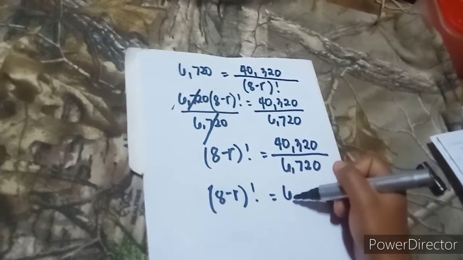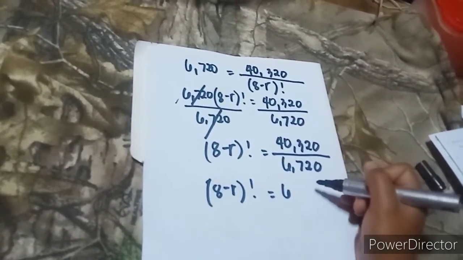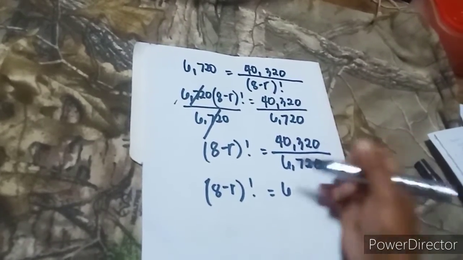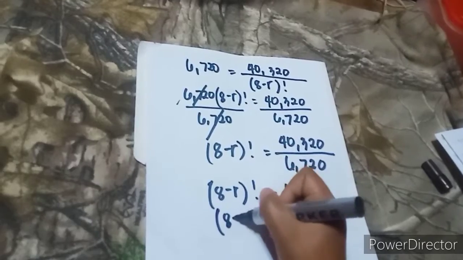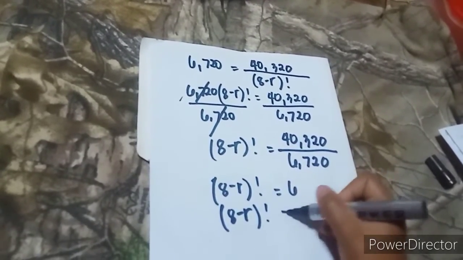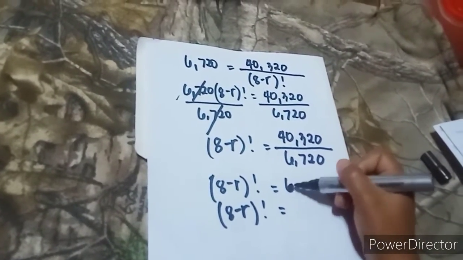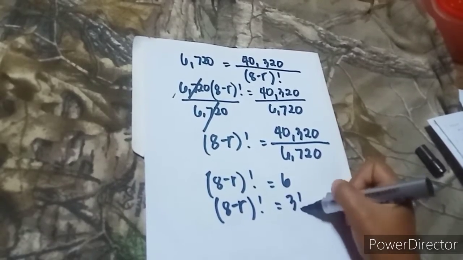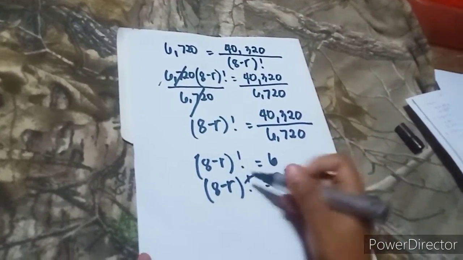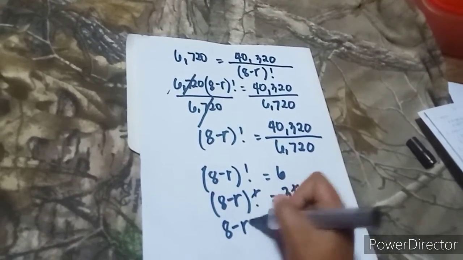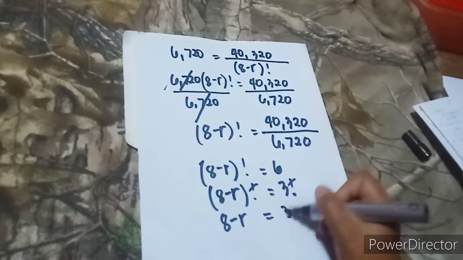Now we have to convert 6 into factorial form in order to eliminate the factorial sign. We have 8 minus r factorial is equal to 6, which is 3 factorial. Then cancel the factorial sign. We have now 8 minus r is equal to 3.